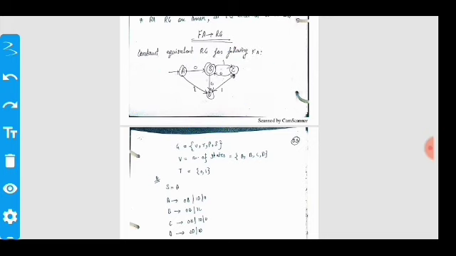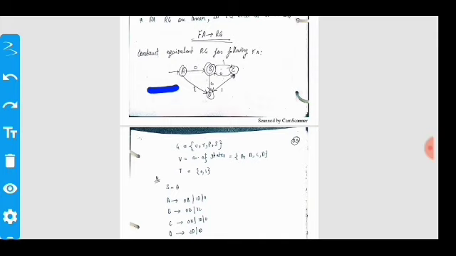We know that G is the grammar with the tuple V, T, P, S, where V is the set of states, which are A, B, C, D according to this transition diagram, and the terminals are 0 and 1. A is the starting symbol because A is the initial state.